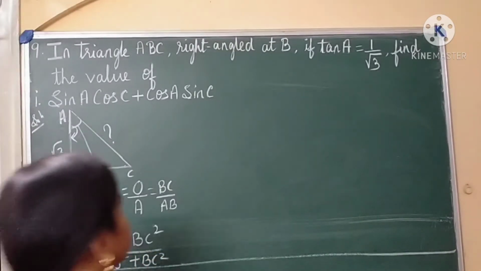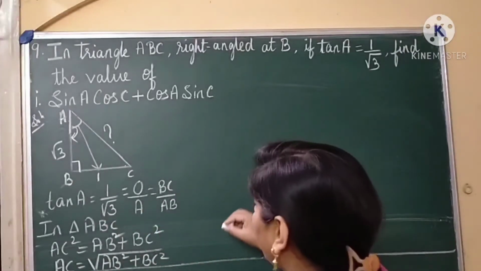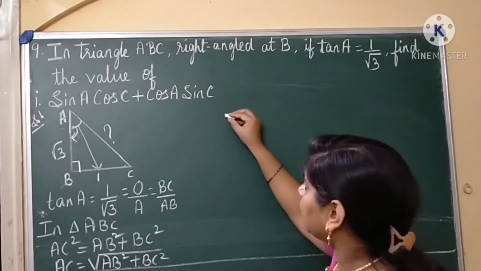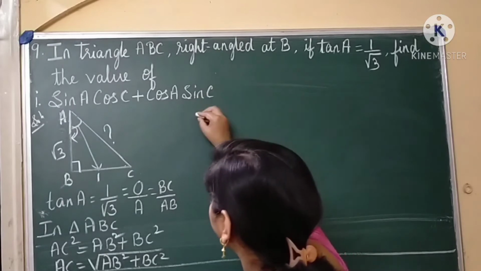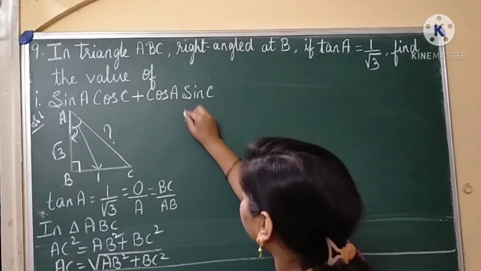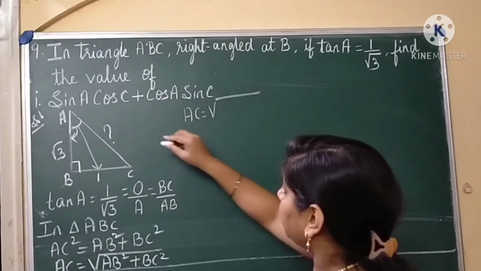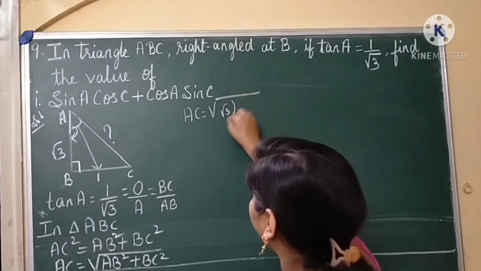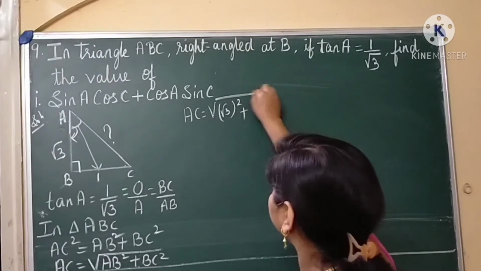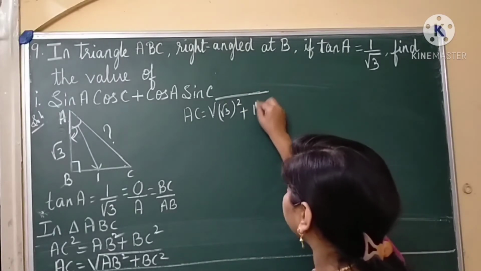Substituting the values of AB and BC, we get AC is equal to root of AB, here root 3, the whole square, plus BC, here 1, square.